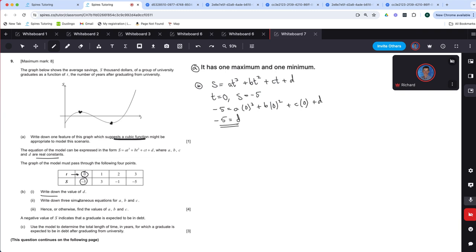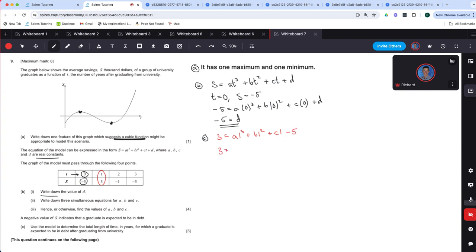Then the next part, we have to write down 3 simultaneous equations for A, B, and C. So we're going to do exactly the same, but with the other points. So I'm going to take this point now. T is 1 and S is 3. So I've got 3 equals A times 1 cubed plus B times 1 squared plus C times 1, and I've already worked out that D is -5, so take away 5.